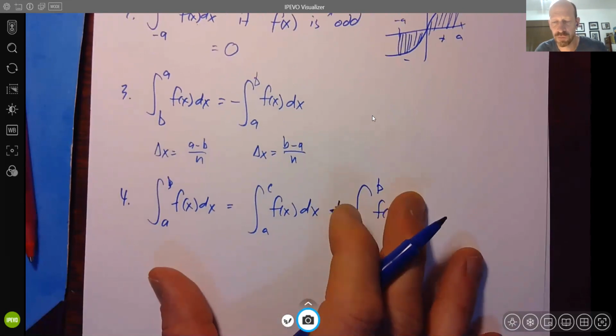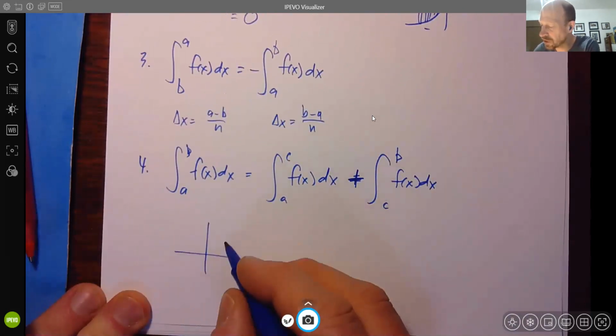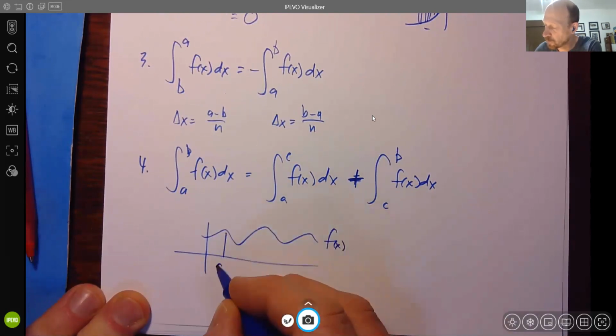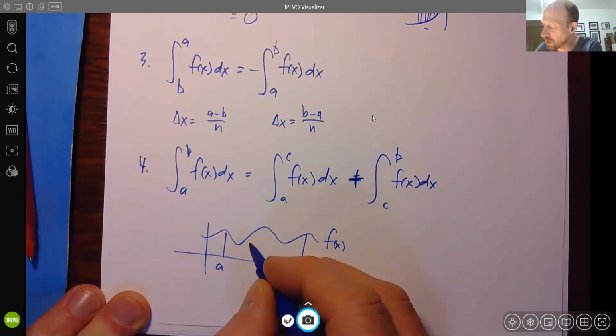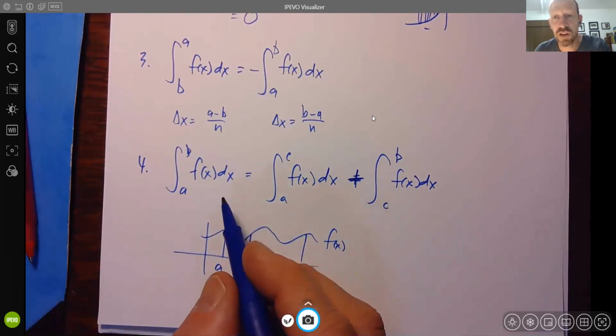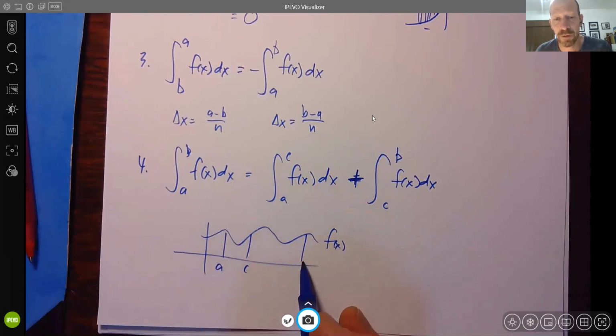In sort of a straightforward situation, that actually is pretty likely. If this is a and this is b, if I put c somewhere in the middle there, certainly makes sense that if I find the area from a to b, that would be the same as the area from a to c plus the area from c to b, right?